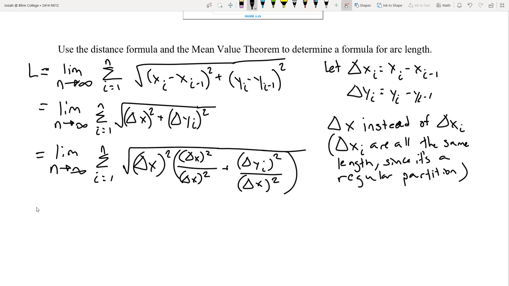All right. So we've got the limit as n tends to infinity. We've still got this summation here. Right, and we can split the square root over multiplication. So we can actually split this into two different square roots.